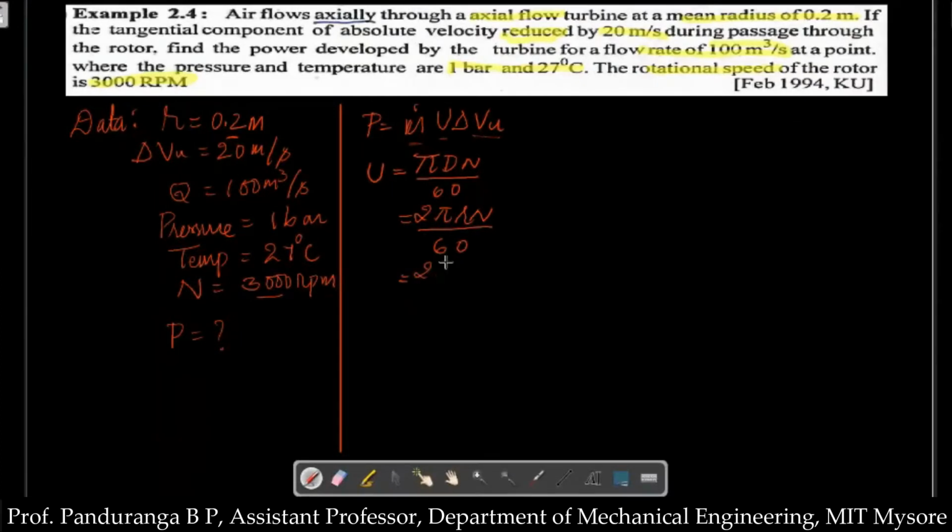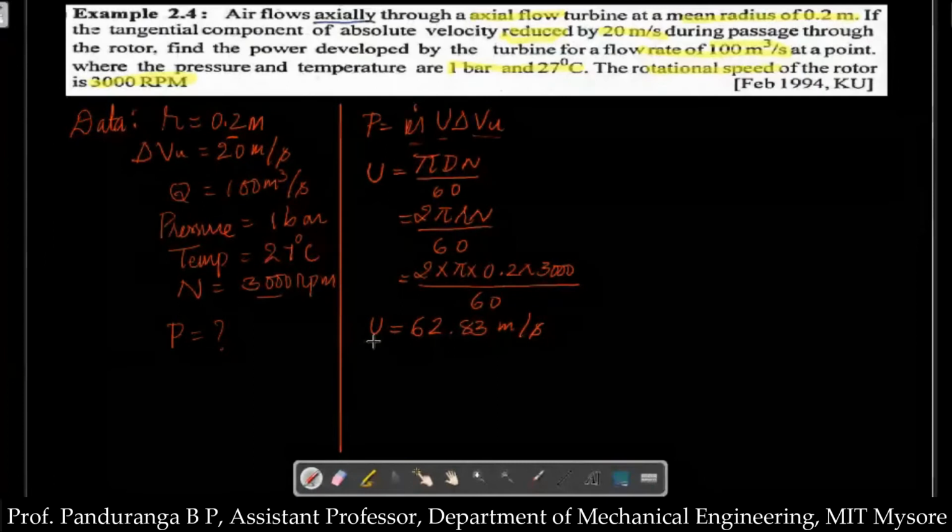So 2 into pi multiplied by r is 0.2, multiplied by n is 3000 rpm, divided by 60. So this will give me the tangential speed of the rotor at radius 0.2 meters. It is 62.83 meters per second.